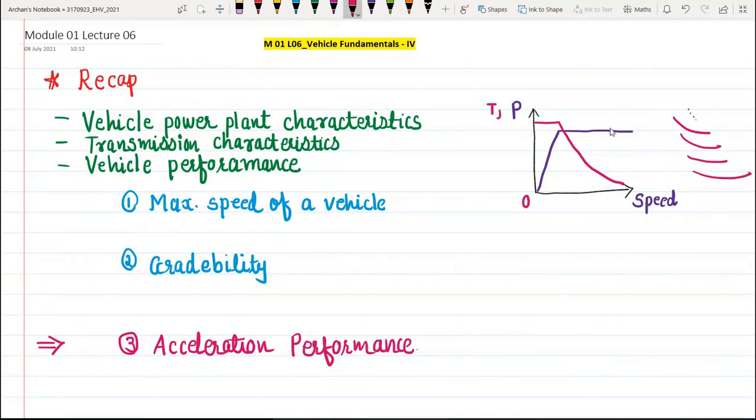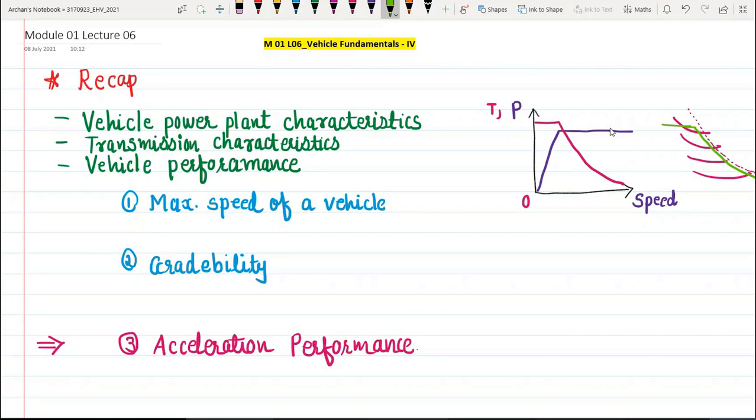Okay, so this will give you this kind of characteristics. And in case of electrical motor, we are getting the same characteristics, right? Almost same like this. So both are valuable. Whenever you want to get the maximum performance out of the vehicle, then IC engine is also preferable as well as electrical motor is also preferable, right?